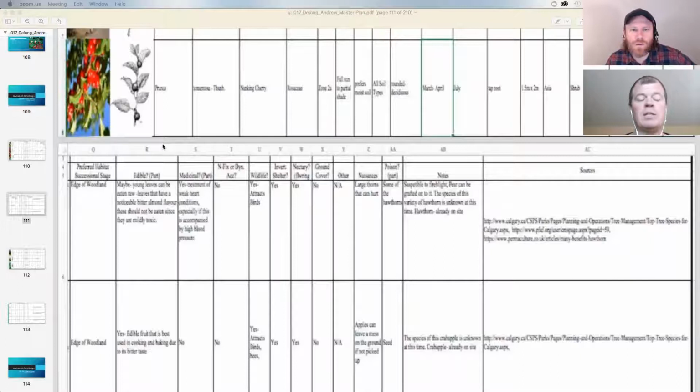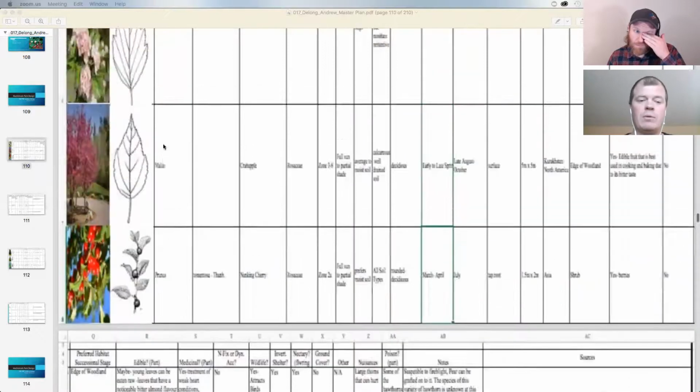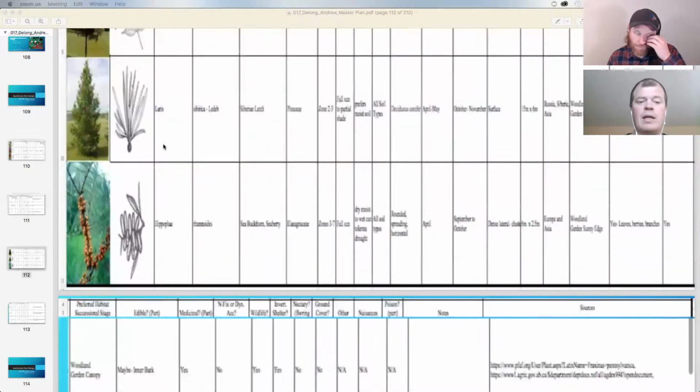That makes it easy on the eyes and easy to take in, but it also makes it easy to know, okay, this row is the Nanking cherry because it's light red. And this row is the sea buckthorn because it's light orange or light yellow. You don't have to do that, but I think it improves the graphic communication and makes it easier for everyone to understand consistently and not make mistakes.